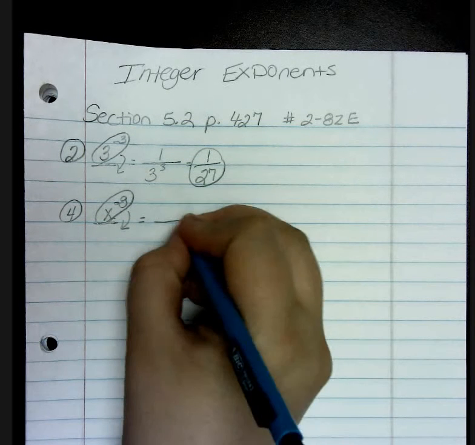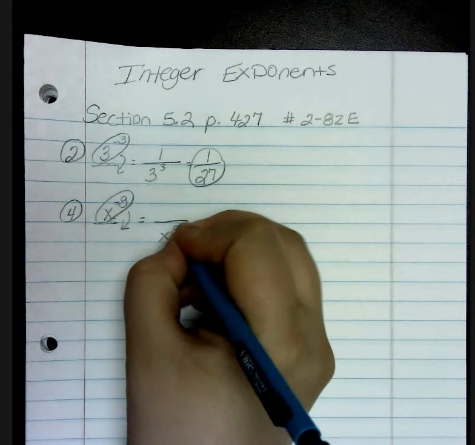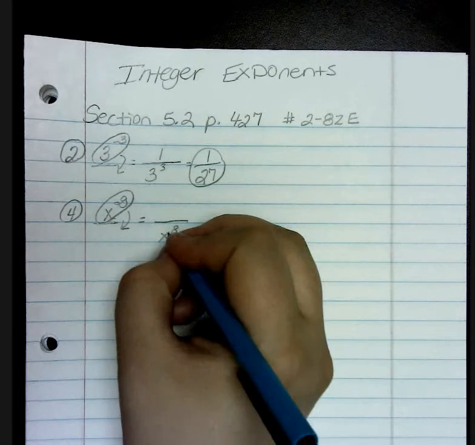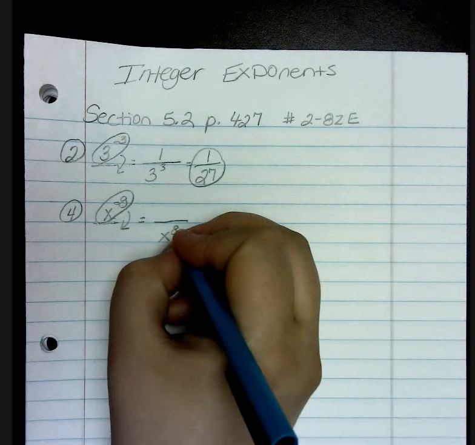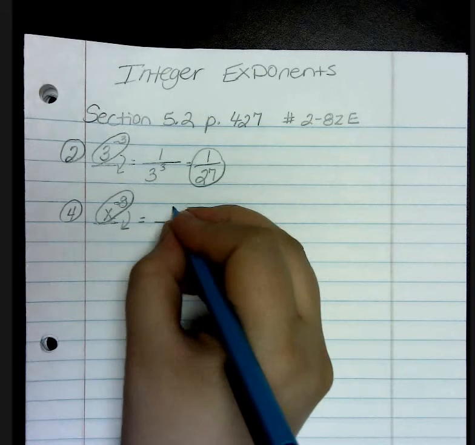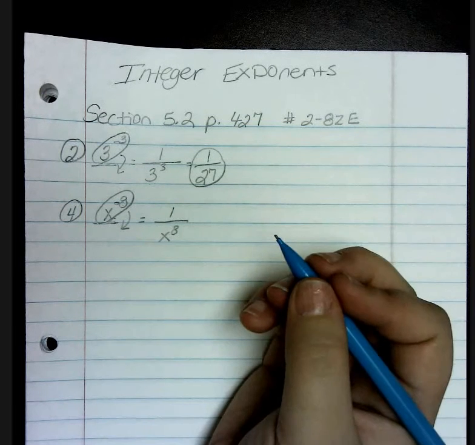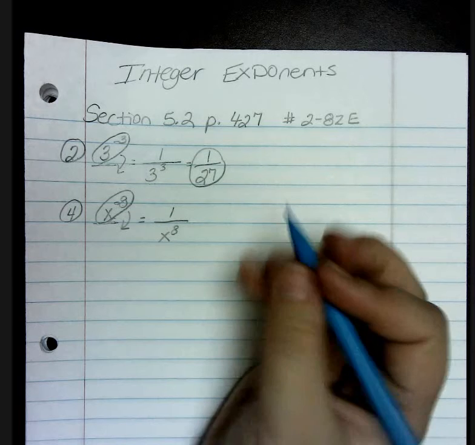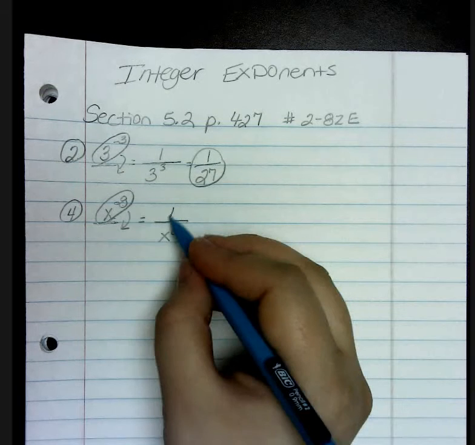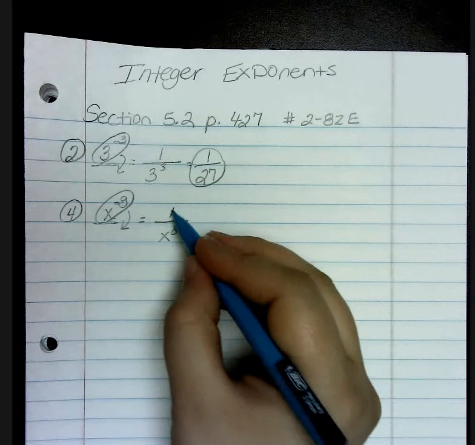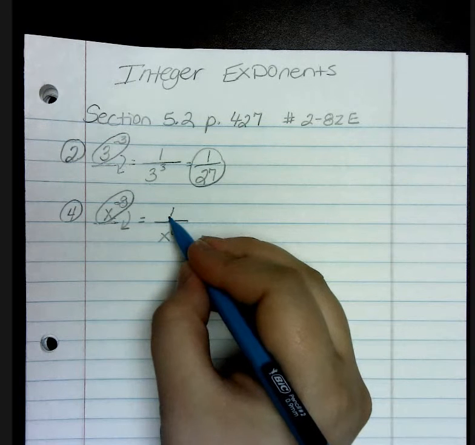So I have an x to the 8 in my denominator, because the negative 8 moved it to the denominator. And once it moves, it becomes positive. And then we have an understood exponent of 1 in the numerator. Sorry guys, my words are just kind of jumbled today. So that gives me 1 over x to the 8th. Remember, we have to have this 1 because we have to have some type of placeholder up here.